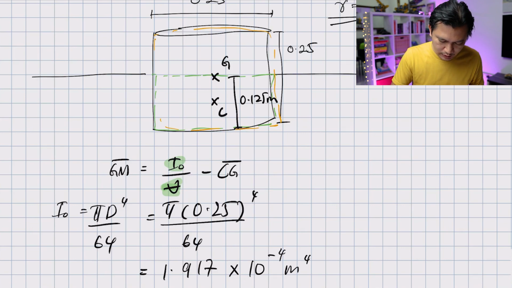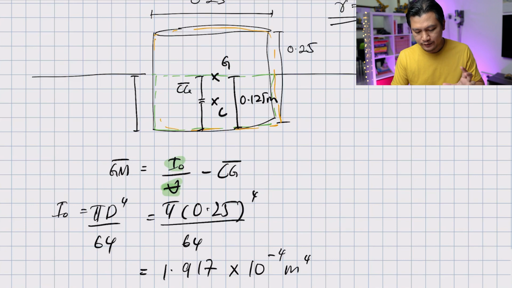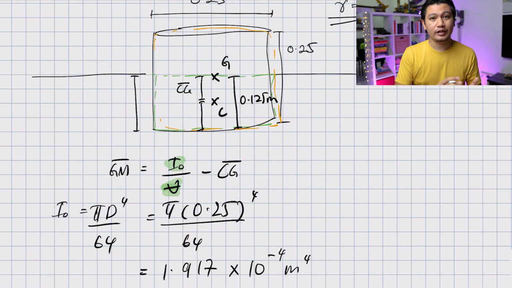But what is the distance here? Because we are looking for this. This is the CG. In order to find CG, we need to find the length of the object that is submerged underwater. And I think that's quite obvious how to find this, because now we already know the volume of the displaced water and we know the shape of the object.